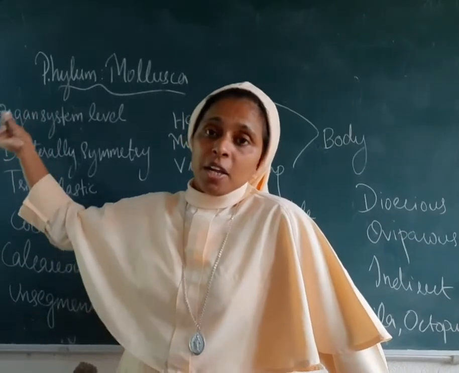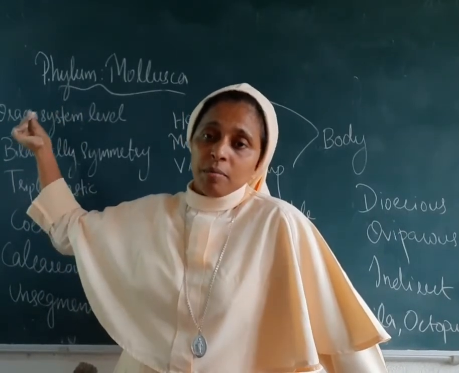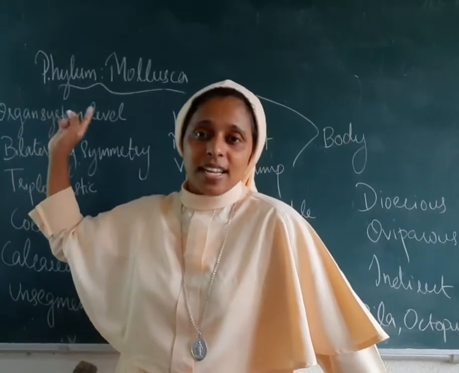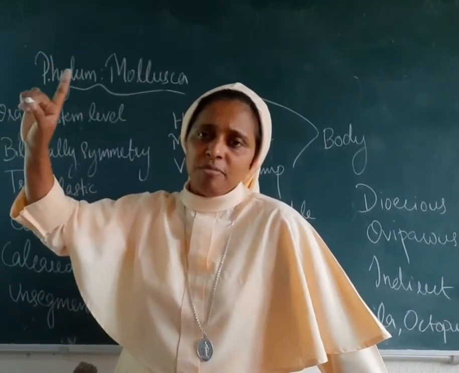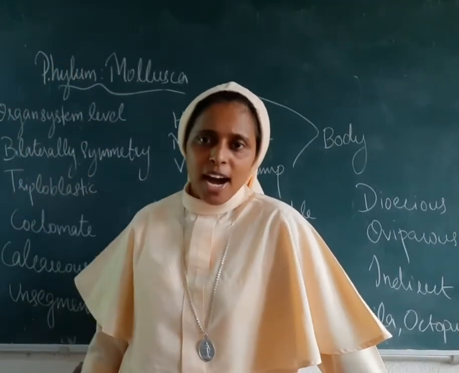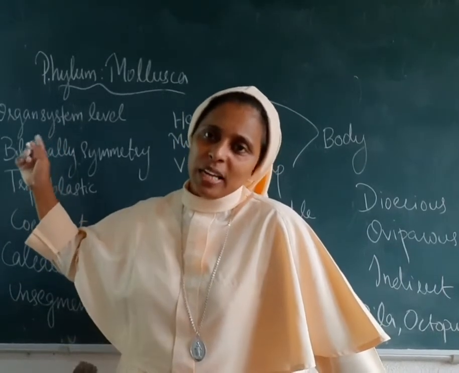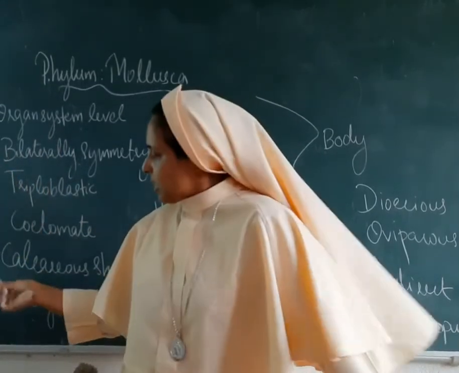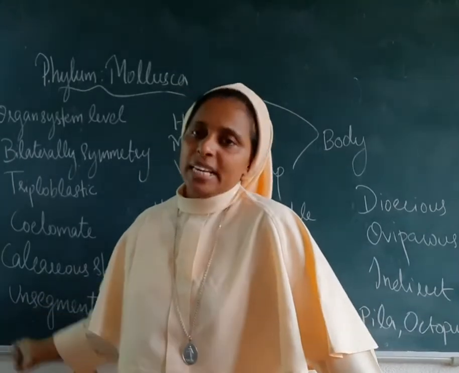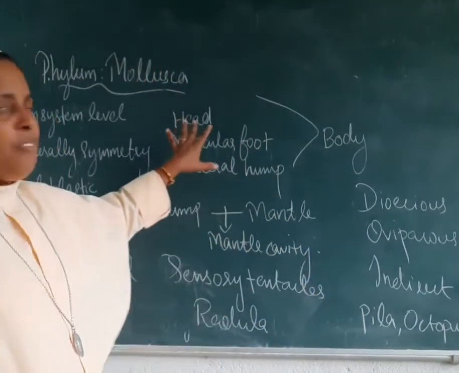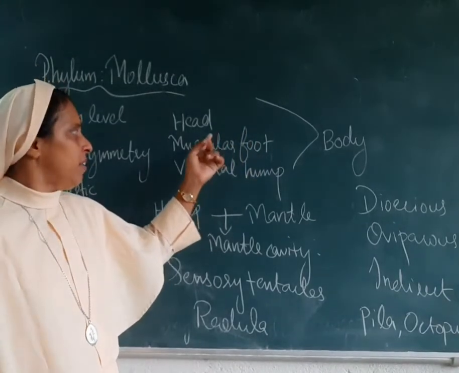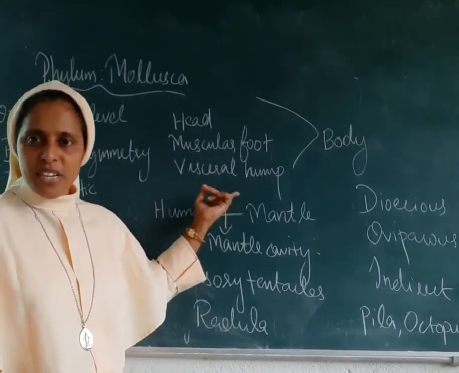Another important thing you have to remember is that this is the second largest phylum. The largest phylum we have learned is Arthropoda, and the second largest phylum is Mollusca. The body is unsegmented; segmentation will not be found. The body is divided into the head region, muscular foot, and visceral hump.